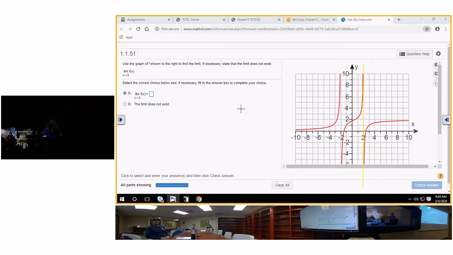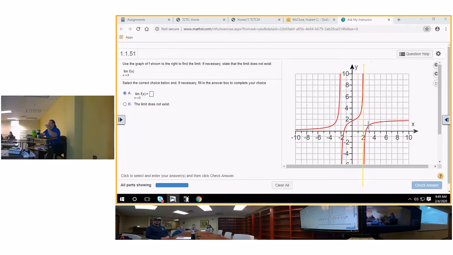So, does the limit exist? I'm sorry, at 3. I thought it was at 2. As x approaches 3, here's 3 right here. So what do you get when x is approaching 3? Looks like 1.